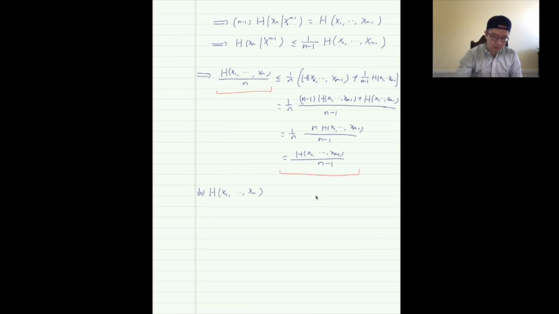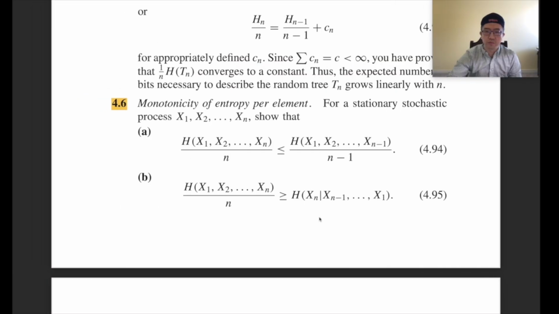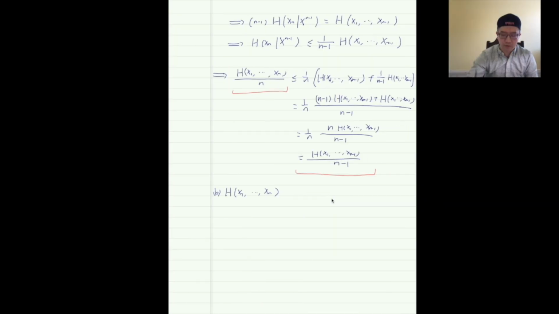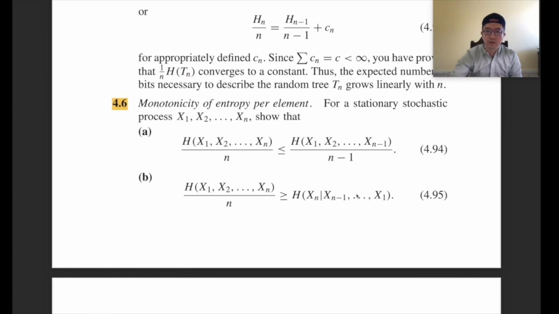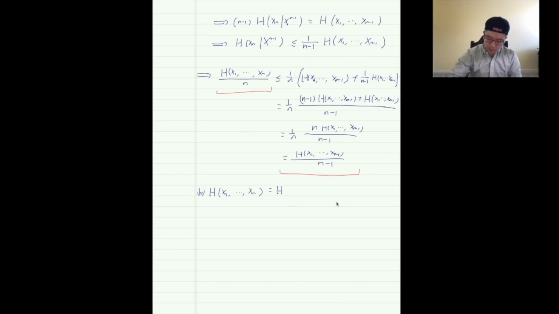To make this appear, we use the chain rule. So that equals H(X1 to X_{n-1}), and then we add H(Xn given X_{n-1}).